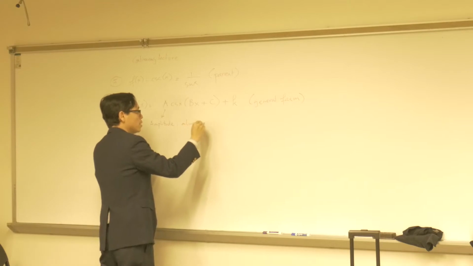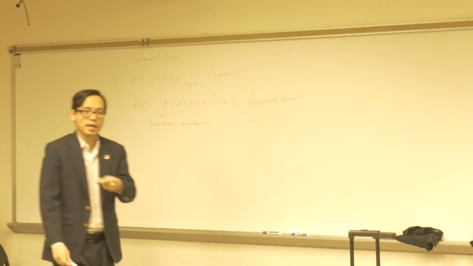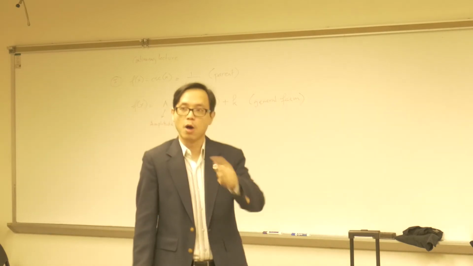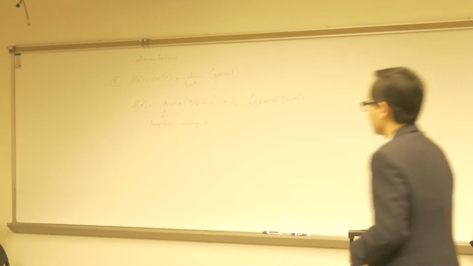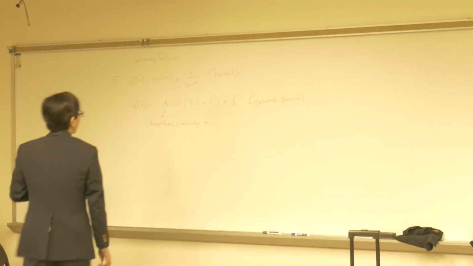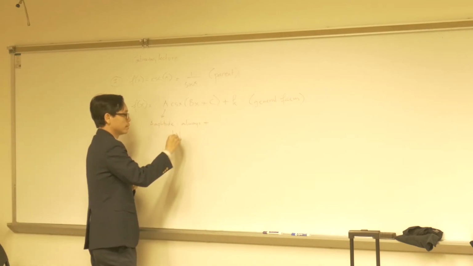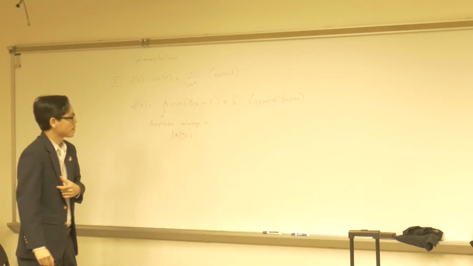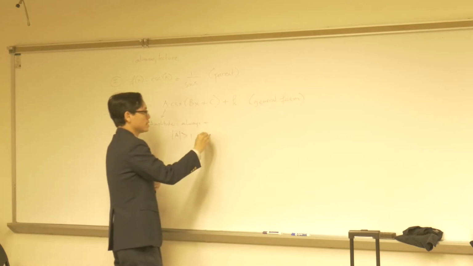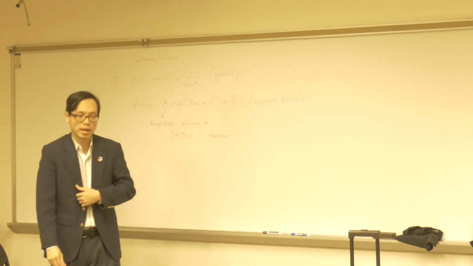So if A turns out to be negative, we know that it's reflected about the x-axis. Otherwise it's always positive. And if it's greater than 1, this is stiffer compared to the parent.